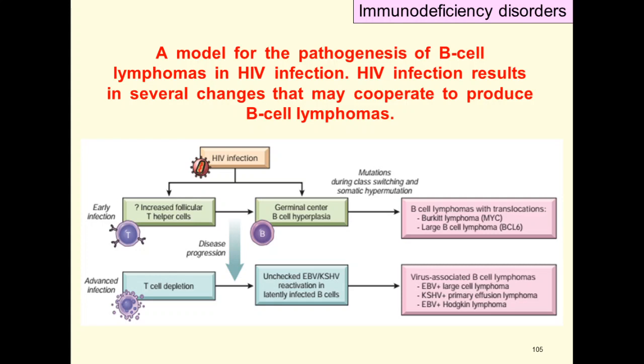Why do we have it? Because, as I said, there is not only a T cell problem. With B cells we have it as well. First of all, here we have germinal center B cell hyperplasia. That's why we mostly have Burkitt lymphoma and large B cell lymphoma.